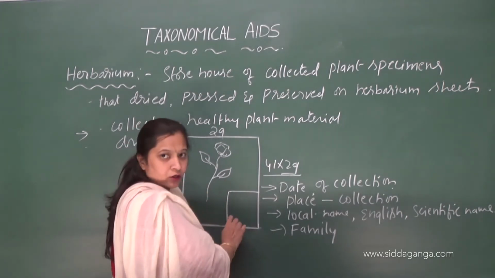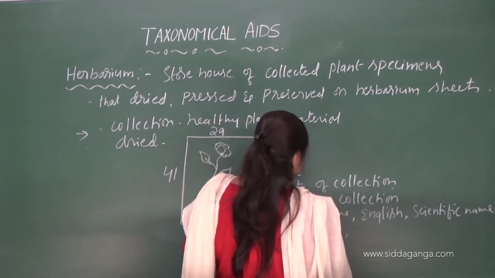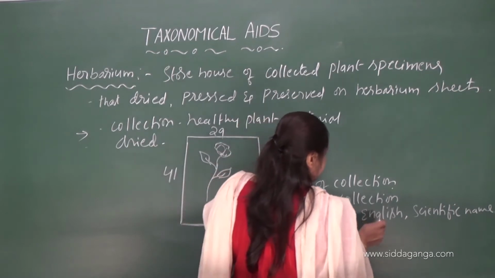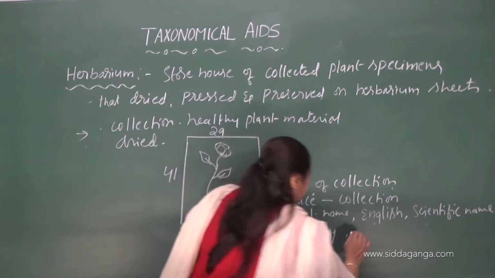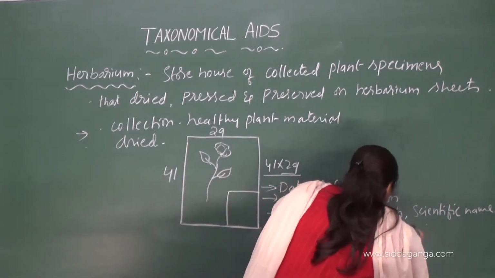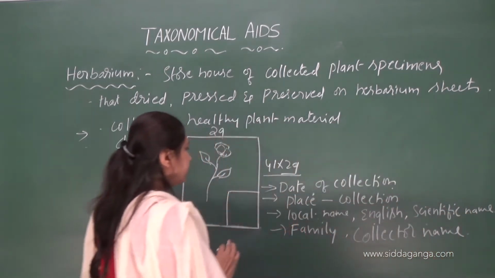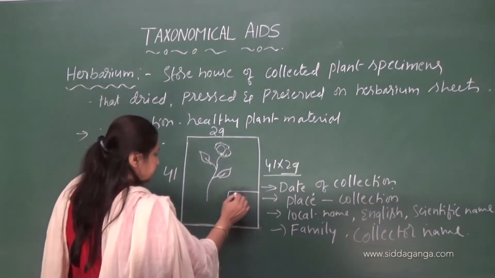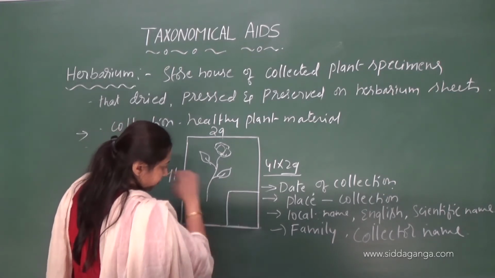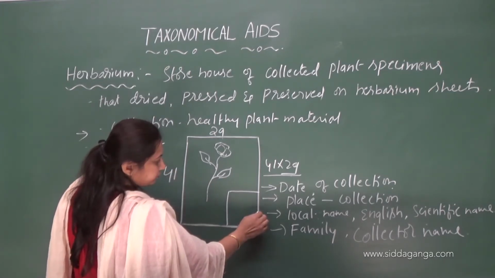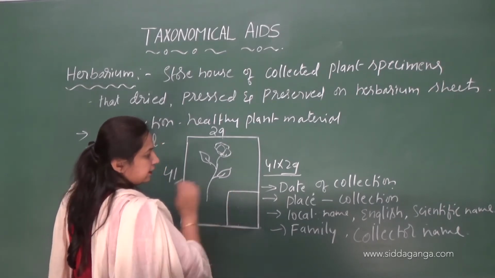So: date of collection, place of collection, local name, English name, scientific name, family, and finally the collector name. All this information is written in the label at the lower corner of the right hand side.